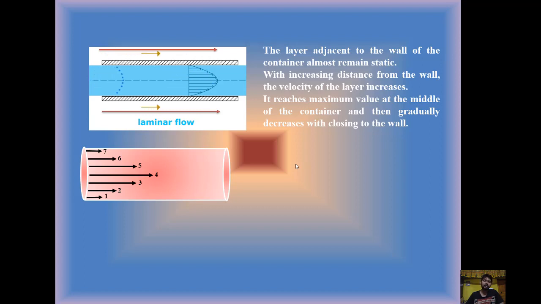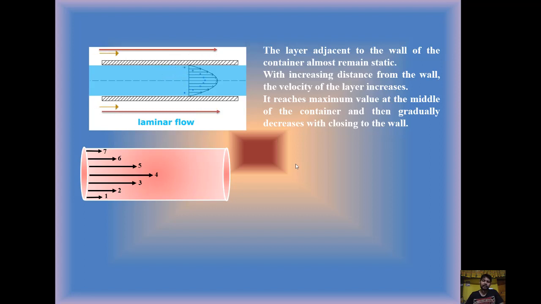In this figure, you can see that the velocity of layer 1 is very small because it is adjacent to the wall, and exactly at the wall the velocity remains 0. Then it gradually increases for layers 2, 3 and 4. For layer 4, it's the maximum velocity because it's the middle of the container. Then, getting closer to the other side of the wall, the velocity decreases.